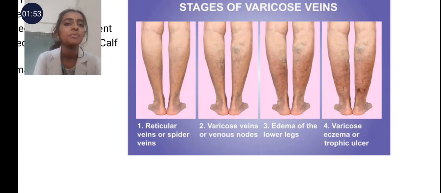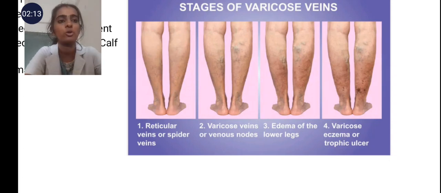The third stage, the edema of the lower limbs. The limbs get swollen. And the fourth stage, varicose eczema or trophic ulcers. That means there is poor blood supply. Because of that, the skin won't get good perfusion, so it turns into necrosis.